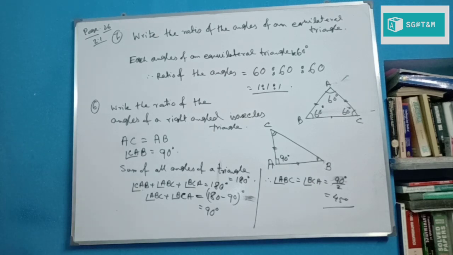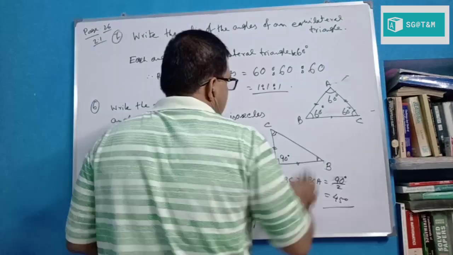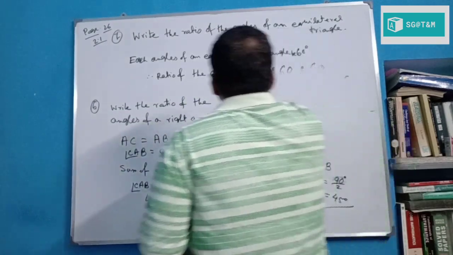Now if these two angles are 45 and this angle is 90, then find the ratio. It is very easy to calculate now.